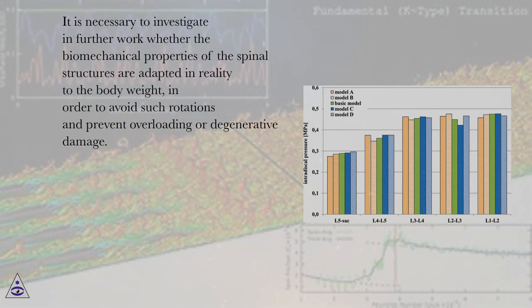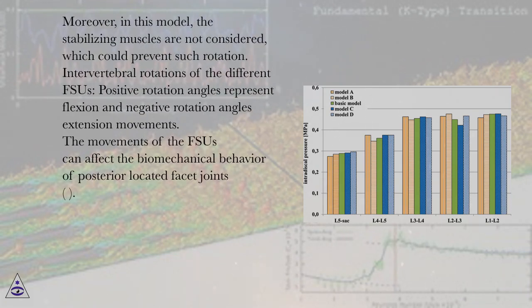It is necessary to investigate in further work whether the biomechanical properties of the spinal structures are adapted in reality to the body weight, in order to avoid such rotations and prevent overloading or degenerative damage. Moreover, in this model, the stabilizing muscles are not considered, which could prevent such rotation.